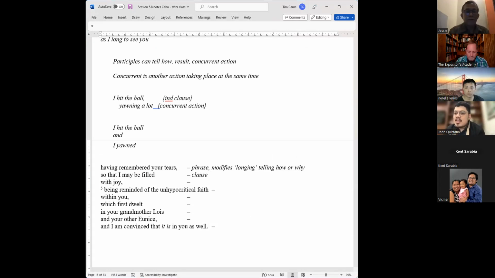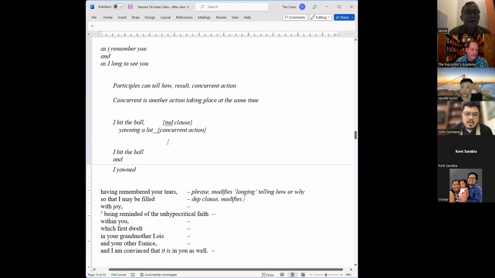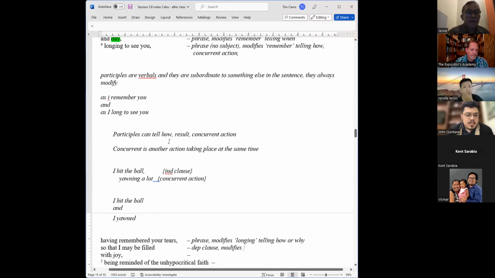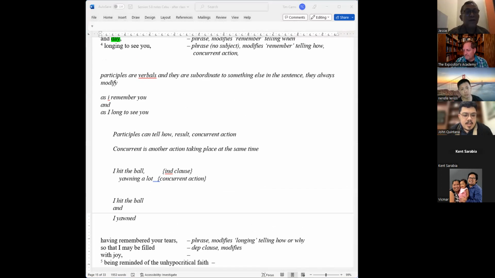Subordinating. Yes, it's subordinating, so it would be dependent. Because so that. Dependent, sorry. And what is it modifying?